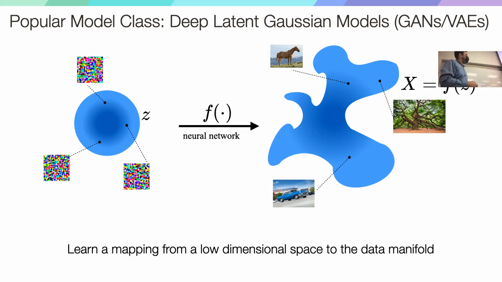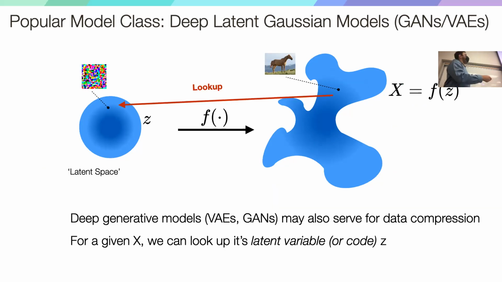So you see now that every point here gets mapped to a point here. In other words, there's sort of an origin of every image in this high dimensional space, which sits in the low dimensional space. But you can also think of it the other way around. Imagine that you have a natural image sitting somewhere here. You could theoretically look up its position in this original source space, this latent space, and that can be thought of as a way of compressing these images.